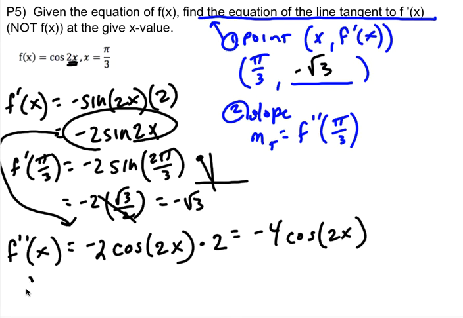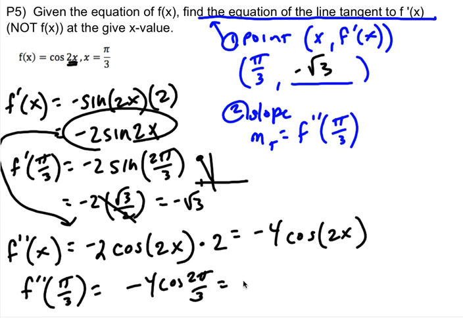Okay, so my slope, f double prime of pi over 3, is going to be a negative 4 times, well, the cosine of 2 pi over 3 is a negative 1/2. It's negative because of the x value. So this is going to be a negative 4 times a negative 1/2, which means I get a 2. So my slope is 2.